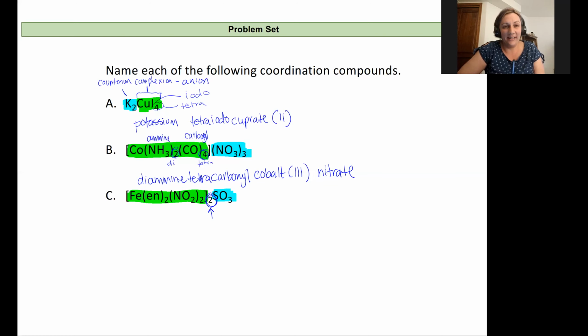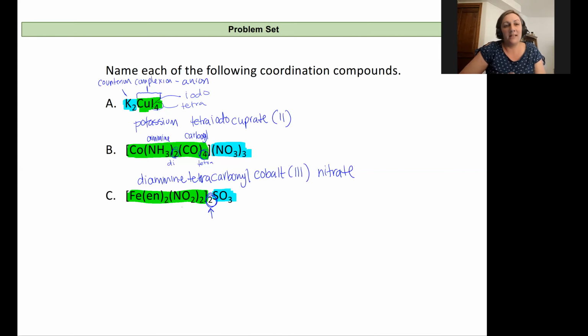But only in appearance. We're actually not going to name that 2 because we're going to be able to determine the overall charge of this complex ion from its name. And if we know the overall charge of that complex ion and the overall charge of its counter ion, we can figure out the ratio that these combine in.